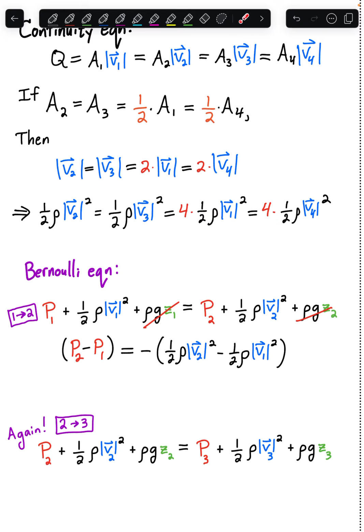So since we know how much the kinetic energy density changed by, we can determine how much the pressure changed by. And in fact, since we know that the fluid is faster at moment 2 than at moment 1, because the pipe narrowed, this quantity is positive, which means this minus here means this quantity is negative, which means the pressure at 2 is lower than the pressure at 1.